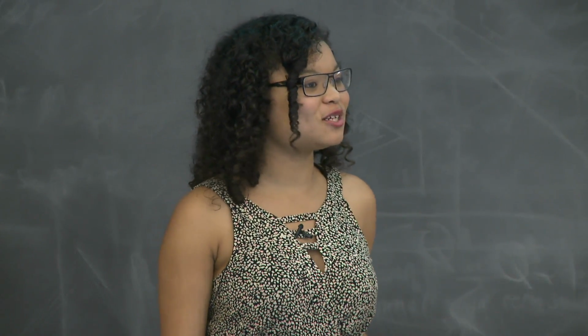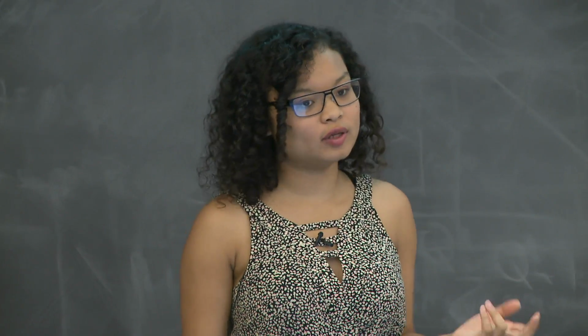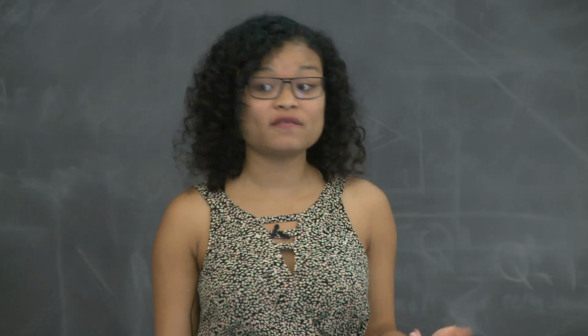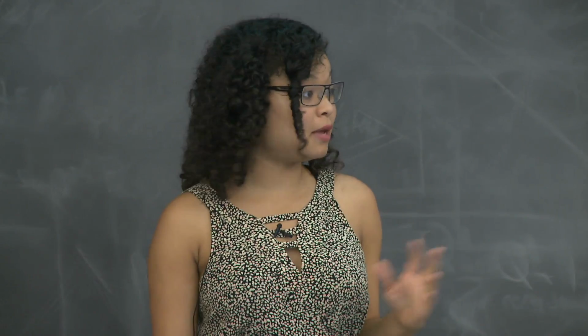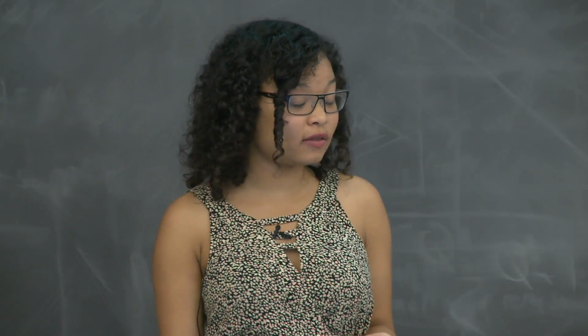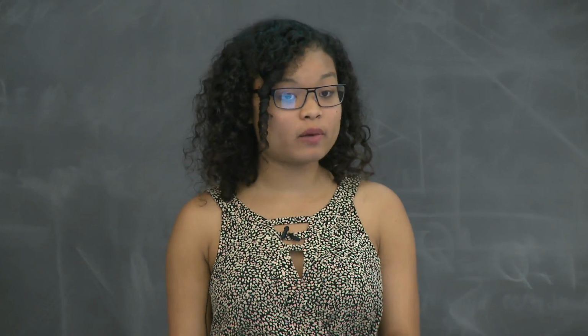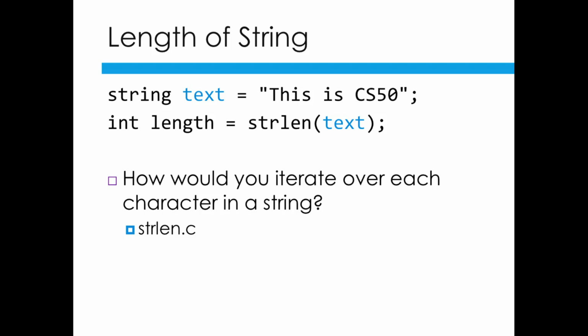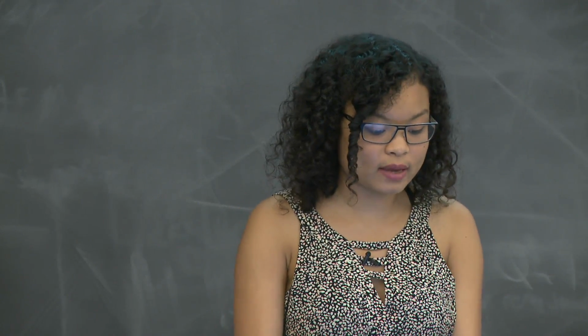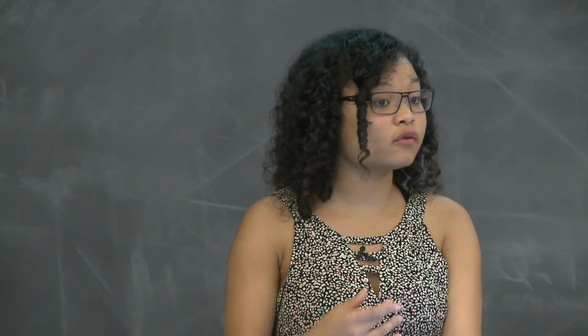Luckily, again, there's a function there for us, although later on in CS50 you'll be able to implement your own function that can calculate the length of a string. But for now, we're going to use string length. So strlen: you pass in a string, and it returns an int that represents the length of your string.